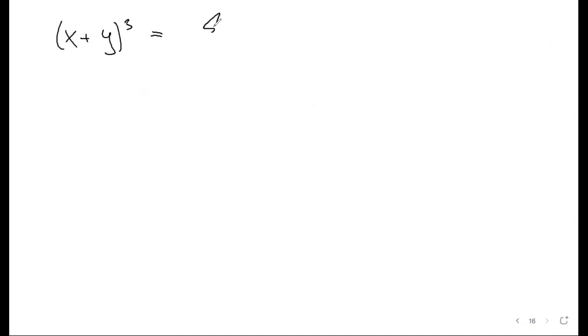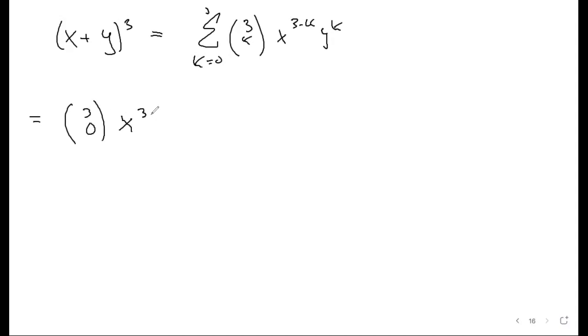I know that this is going to be the sum from k equals 0 to 3 of 3 choose k, x to the 3 minus k, y to the k. That's by binomial theorem. And when you expand this out, this is what you get.